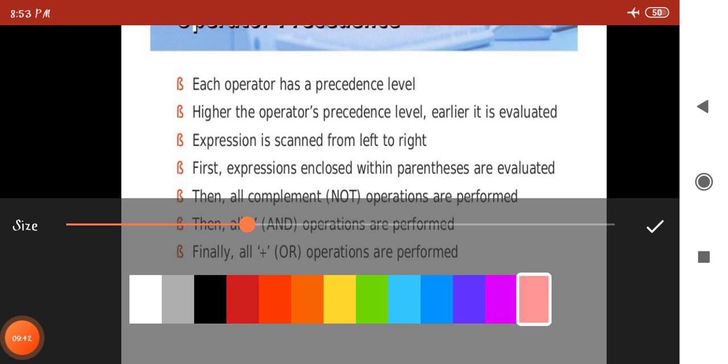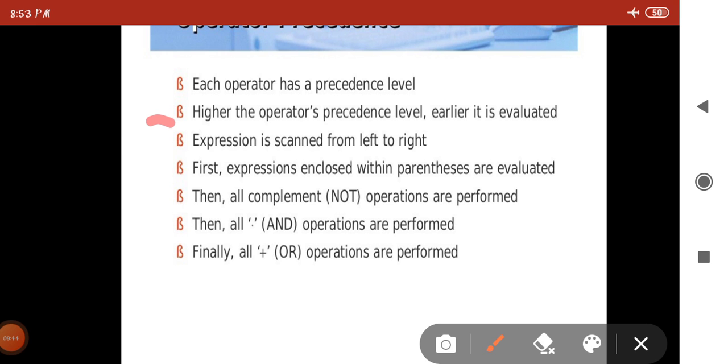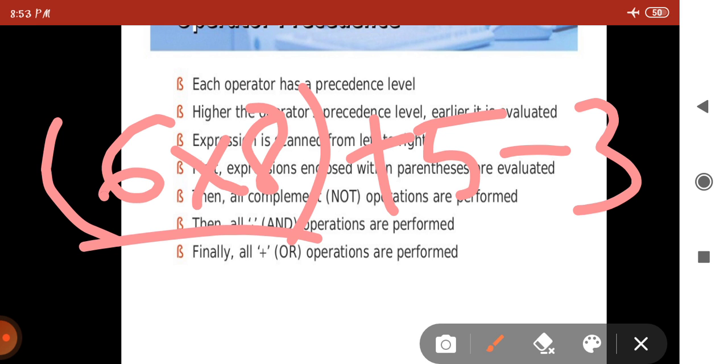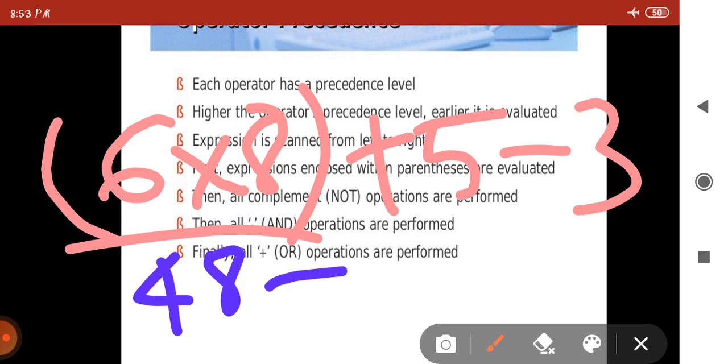For example, I am going to take 6 into 8 plus 5 minus 3. Which one will you take first? This bracket we have to solve first. 6 eights are 48, plus 5 minus 3.